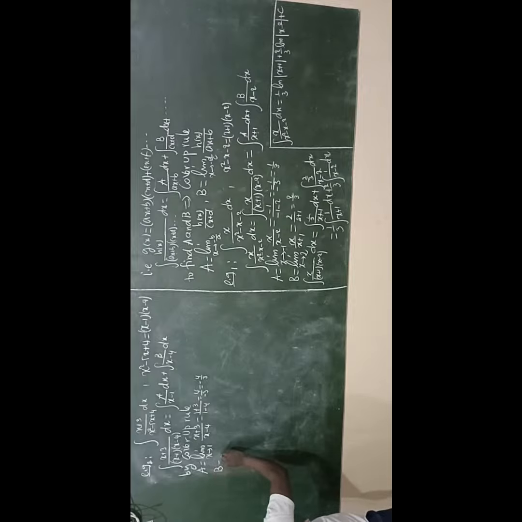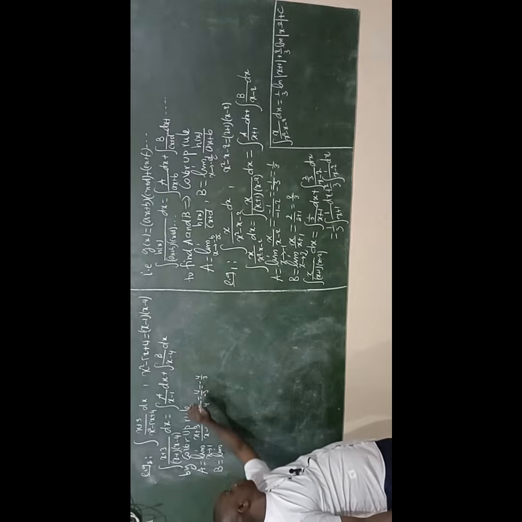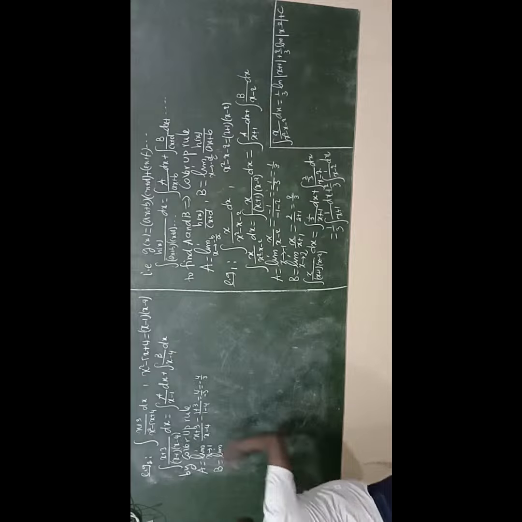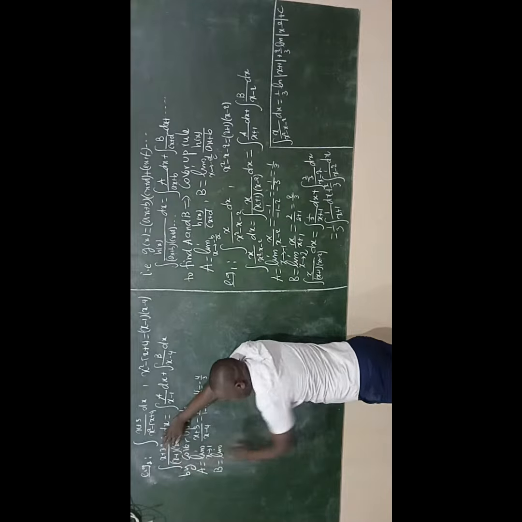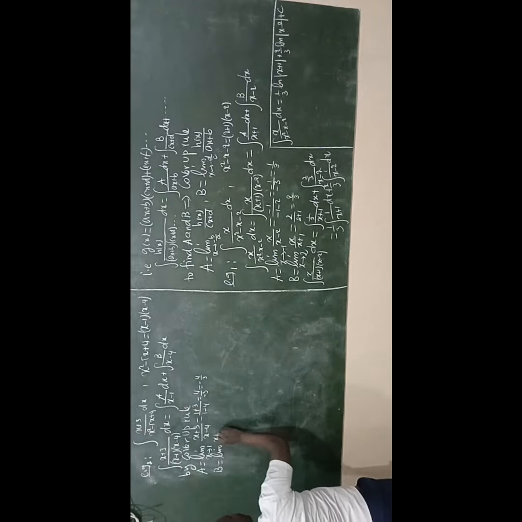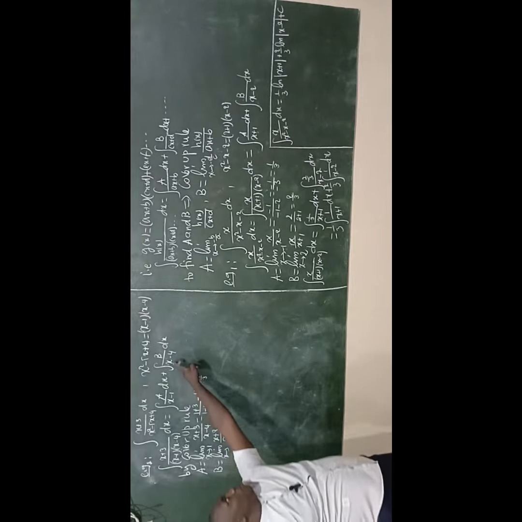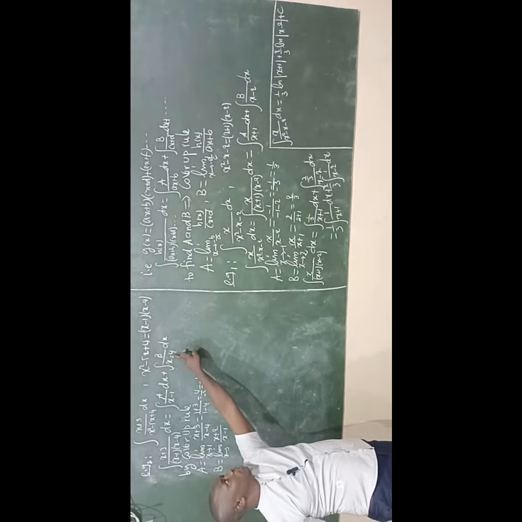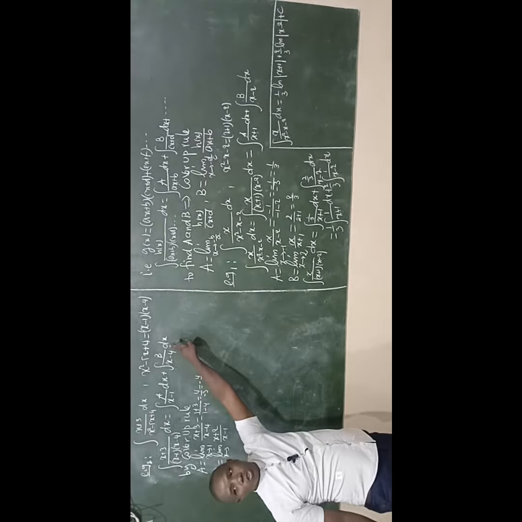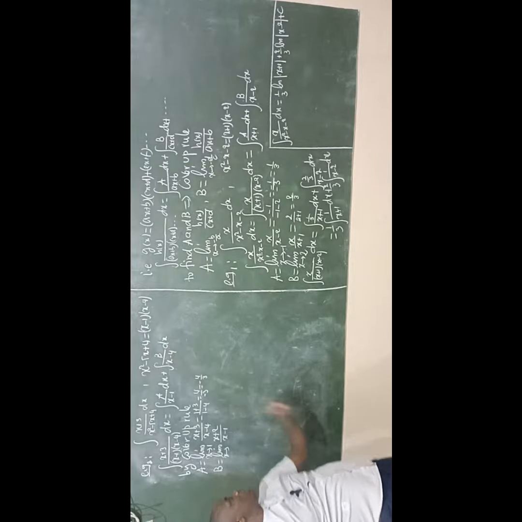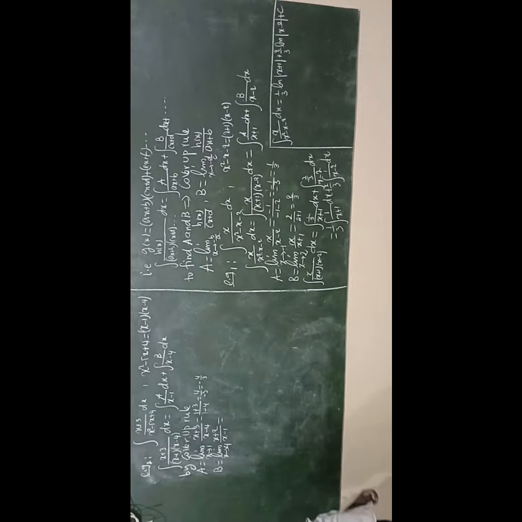The b value will be given by the limit. Because the denominator of b is x minus 4, we need to hide it. We stay with x plus 3 by x minus 1, and here x is approaching 4, because x minus 4 equals 0.